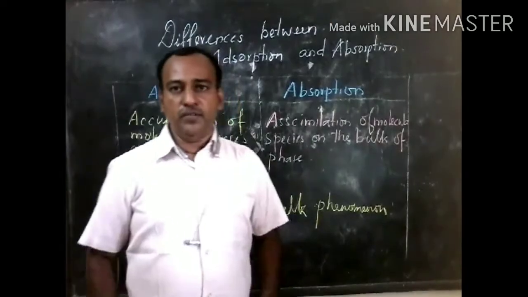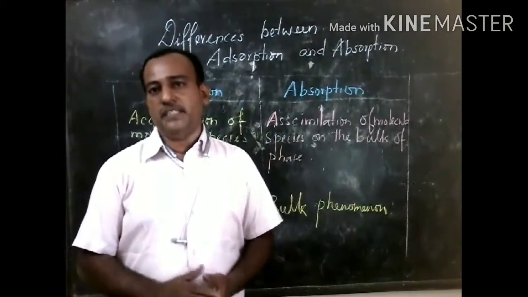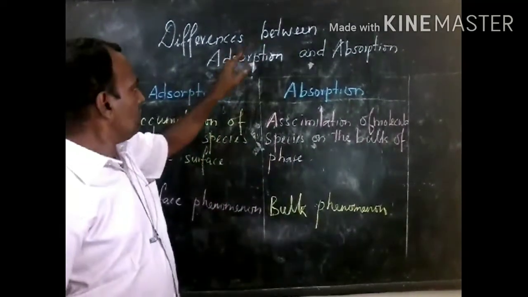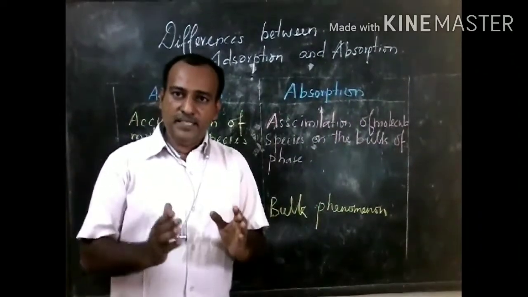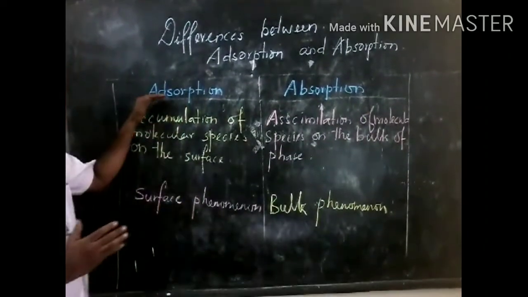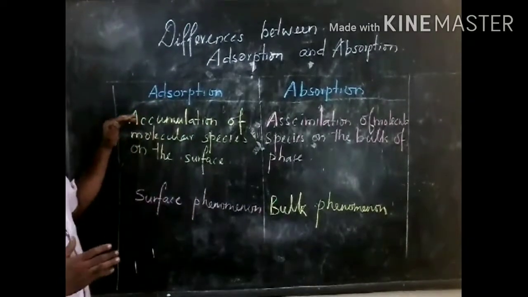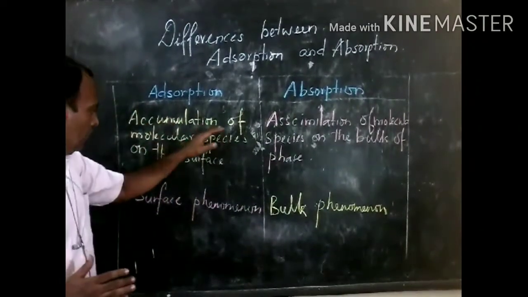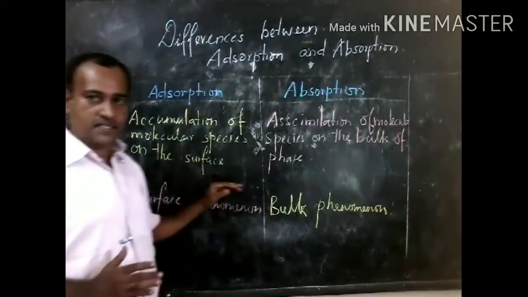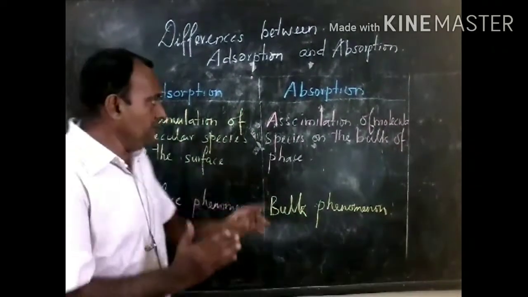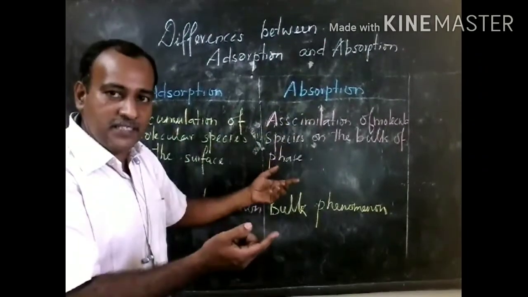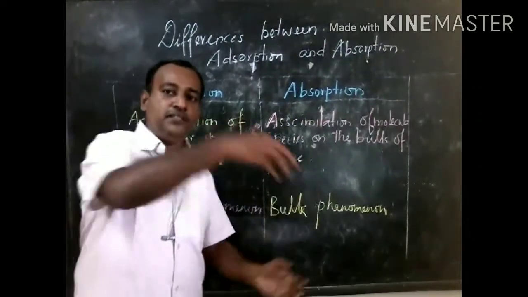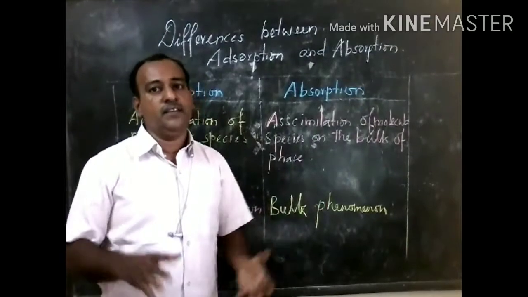We are going to study the differences between adsorption and absorption. We studied adsorption means accumulation of molecular species on the surface. Absorption is assimilation of molecular species into the bulk of the phase.